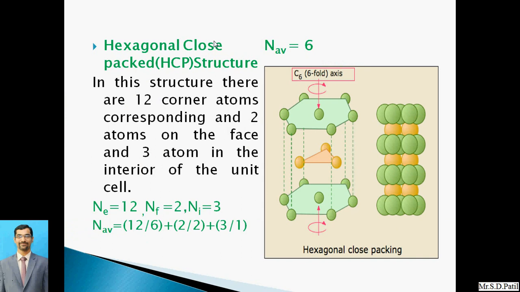So we have covered the four important structures: the simple cubic structure, then BCC, the body centered cubic structure, then FCC, the face centered cubic structure, and the last one is the hexagonally closed pack structure. I hope you can now calculate the average number of atoms for any structure.